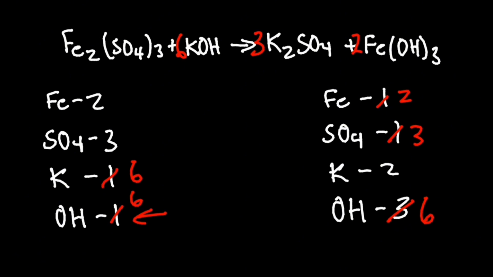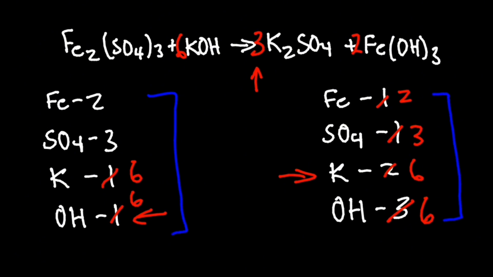And to balance this one, we've already put a 3 here, which changes it to 6. So now that it's all balanced, this side is the same as this side, so now the equation is balanced.